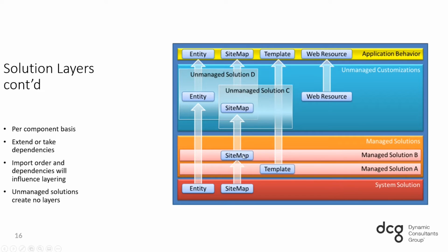They wouldn't see what managed solution B contains, because the unmanaged customizations trump. So import order and dependencies will influence the layering. And then unmanaged solutions, again, we see they don't create their own layers. They all go into one unmanaged layer.